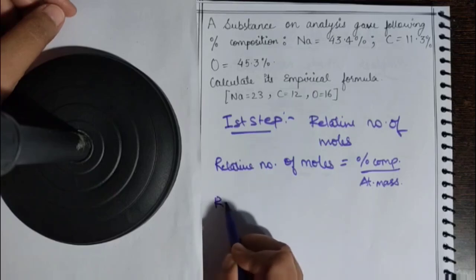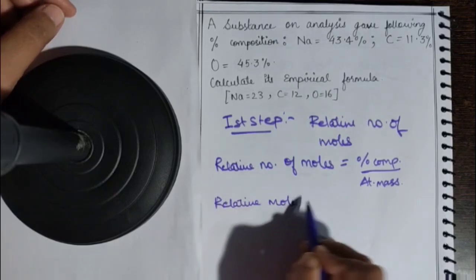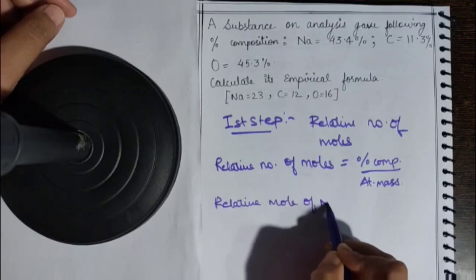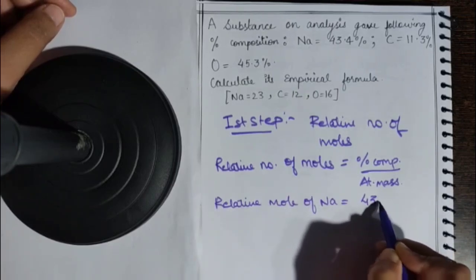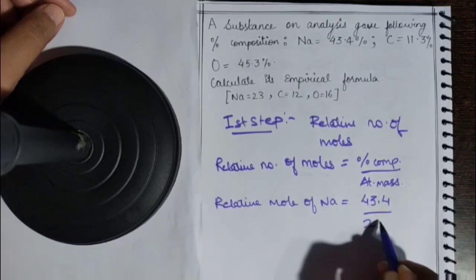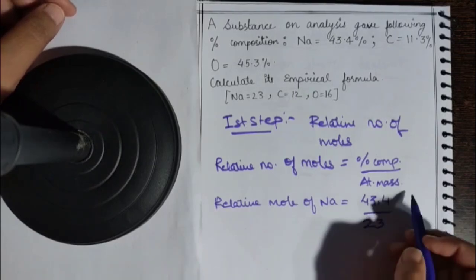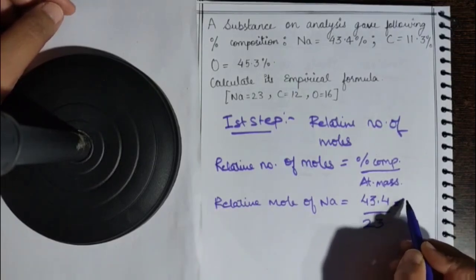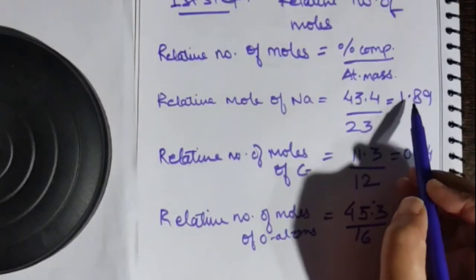So relative mole of sodium will be 43.4 upon 23. This will come out to be 1.89.